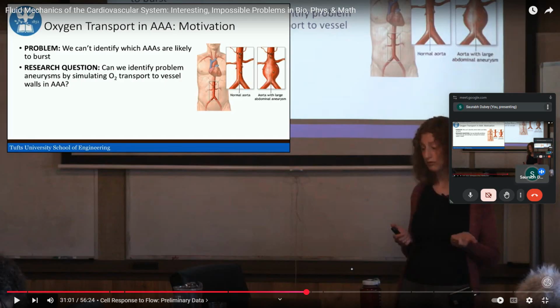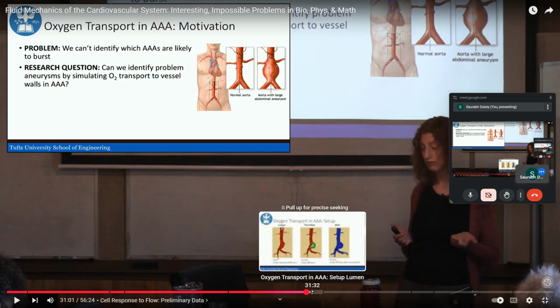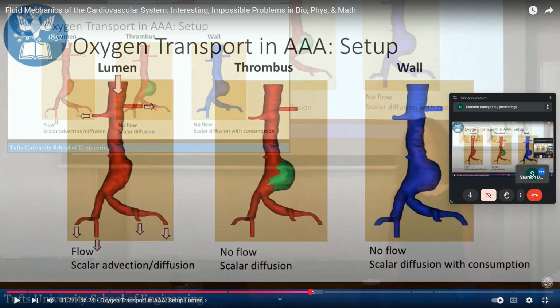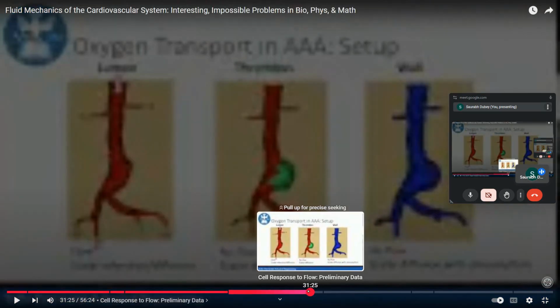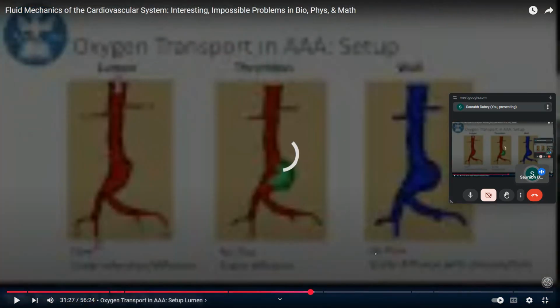So the researchers ask, can we identify problem aneurysms by simulating oxygen transport to the vessel walls in AAA? Okay, so this was the question that they solved, and they came up with some results.